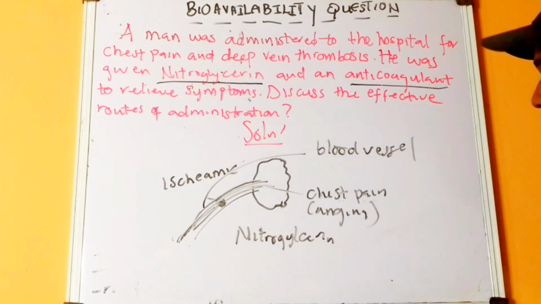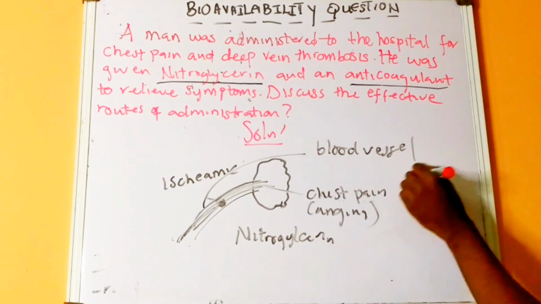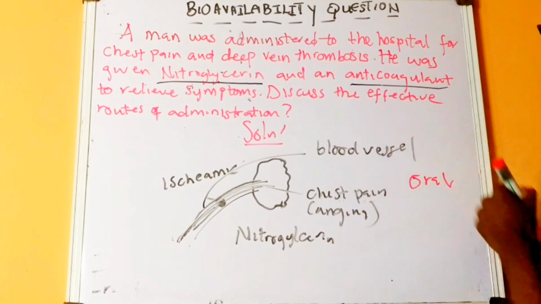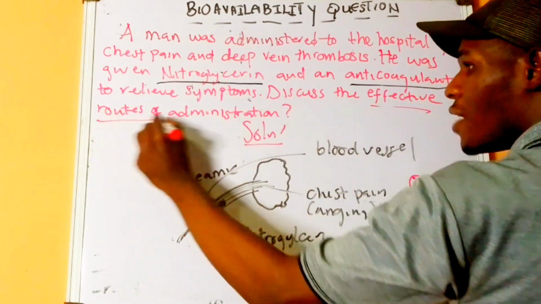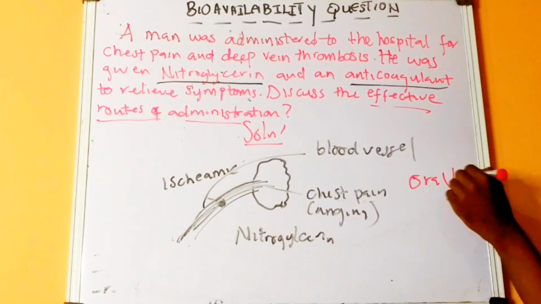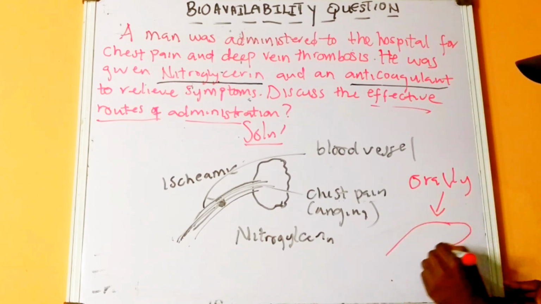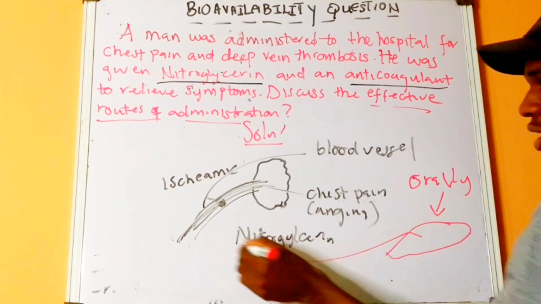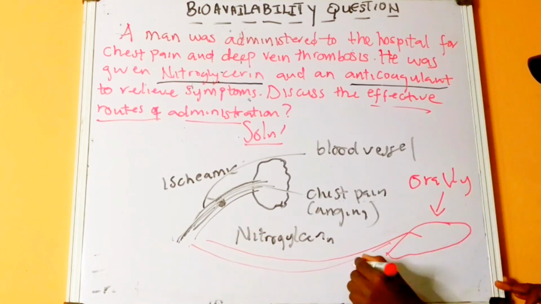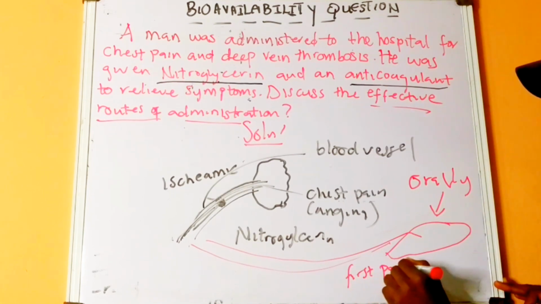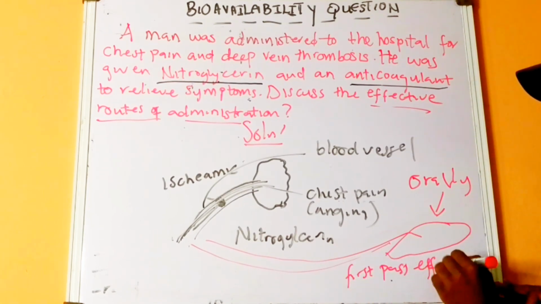If we are going to give this nitroglycerin orally, remember we are discussing the effective route of administration, it will pass through the liver and might be metabolized before reaching the bloodstream. That is called the first pass effect, right?